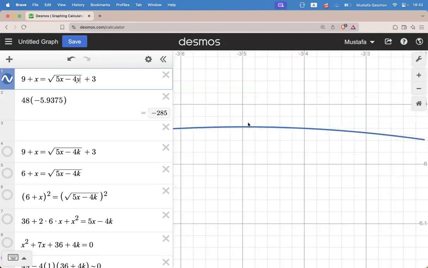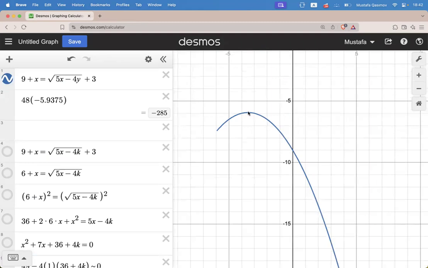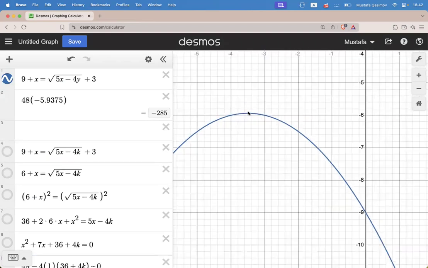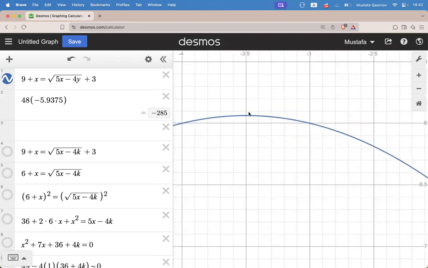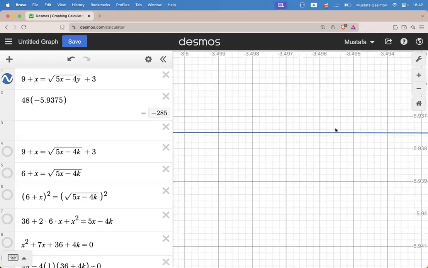You must write it as a graph. In this graph, you can see that we have only one turning point here, and this one is the turning point. When you have a vertex point, it means that at this value we have one solution. You have to become closer to here. And you can see that it is between 5.937 and 38. So I take like that, then I multiply it by 48. So it will be negative 285. Bildim.